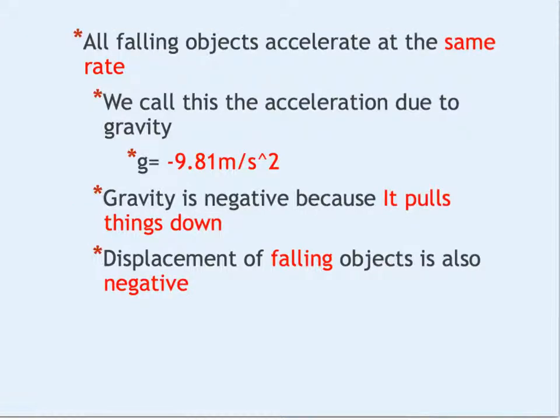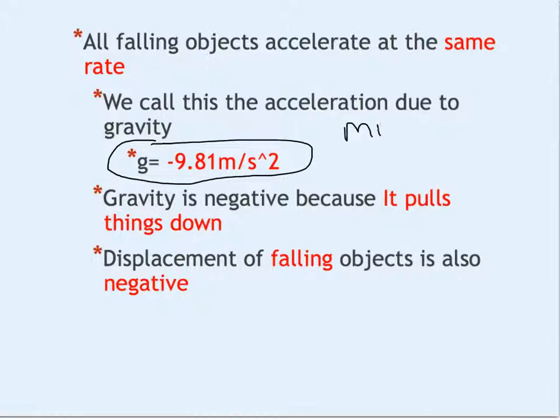All falling objects will accelerate at the same rate. We're going to call this rate the acceleration due to gravity. We're going to symbolize that with a lowercase g, and the number value for that acceleration is always, on Earth, going to be negative 9.81 meters per second squared.